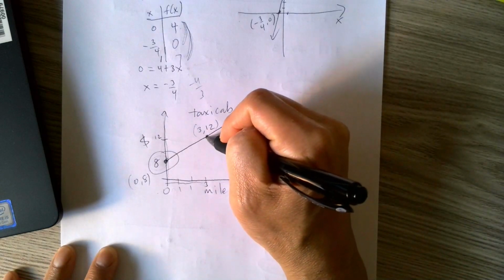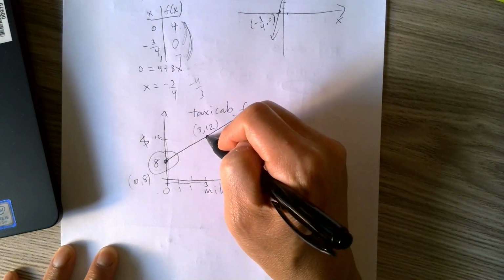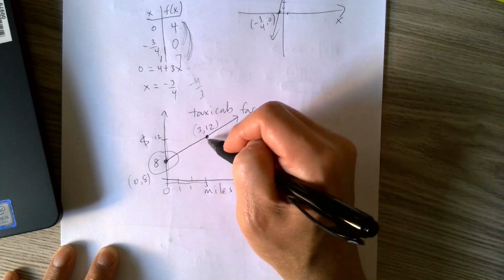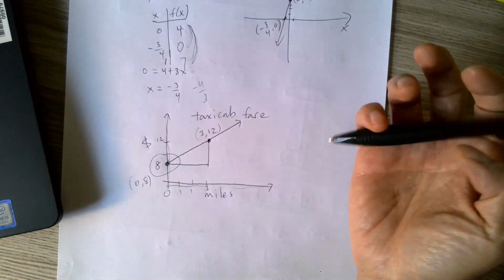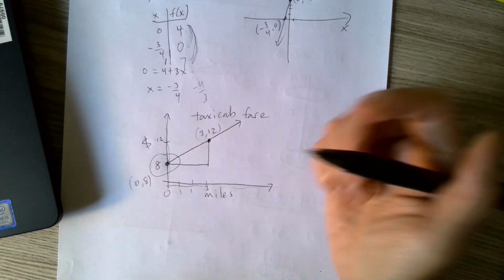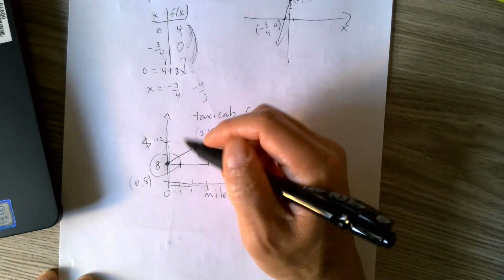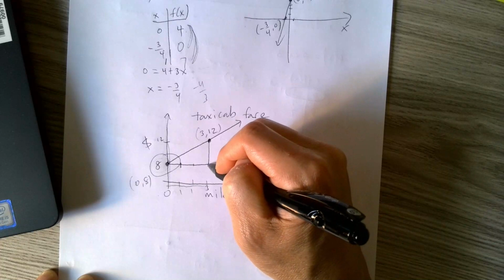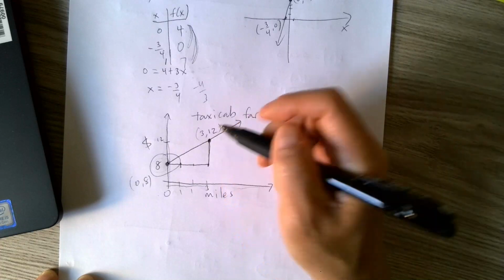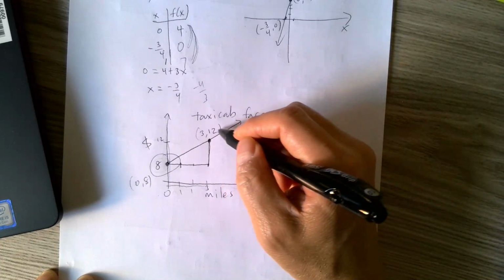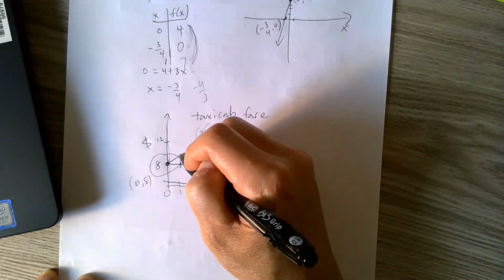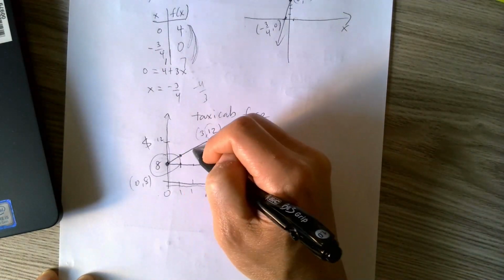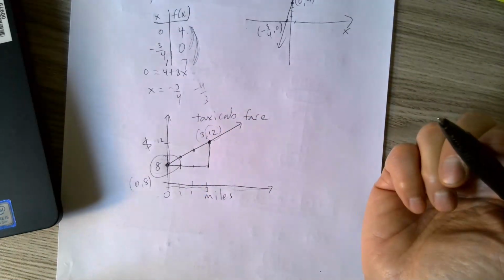And I put this second point here so that you can see, or at least calculate, how much money you have to pay for each mile that you go. So after 1 mile, 2 miles, 3 miles, the fare is now a total of $12. If you had only gone 1 mile, it would be whatever this is. If you'd gone 2 miles, it would be whatever this is.